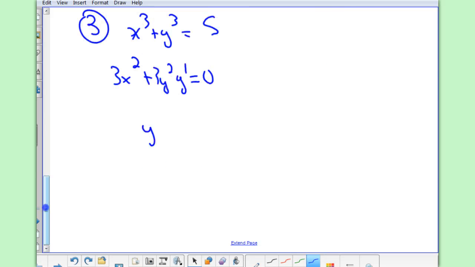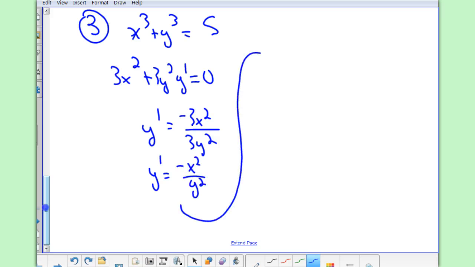I solve it for y prime, and I end up with minus 3x squared divided by 3y squared, which ends up being minus x squared over y squared.